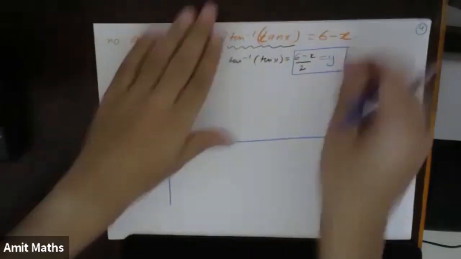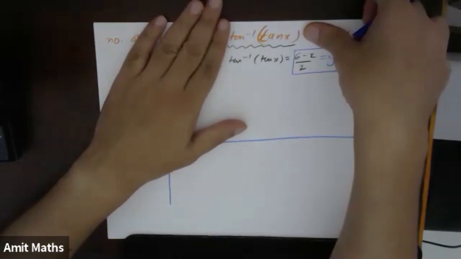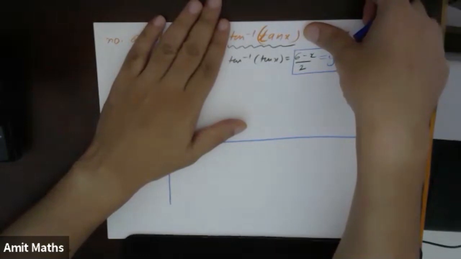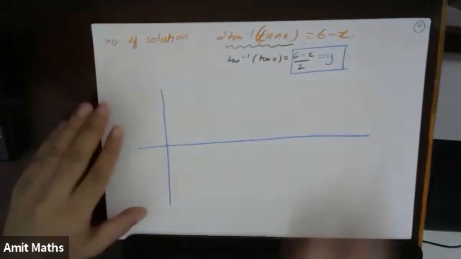Now the range of tan inverse of tan x will always be between minus pi by 2 and pi by 2, if you remember.